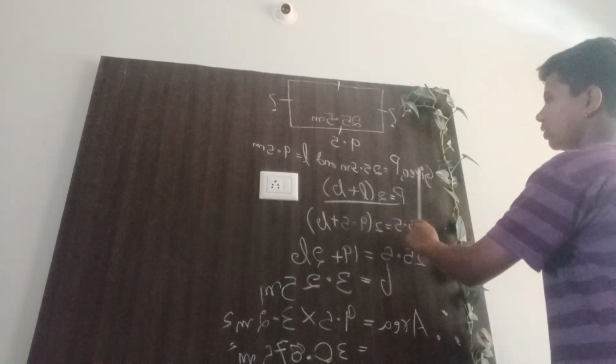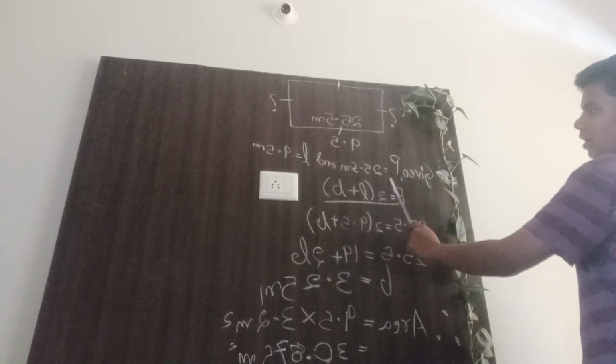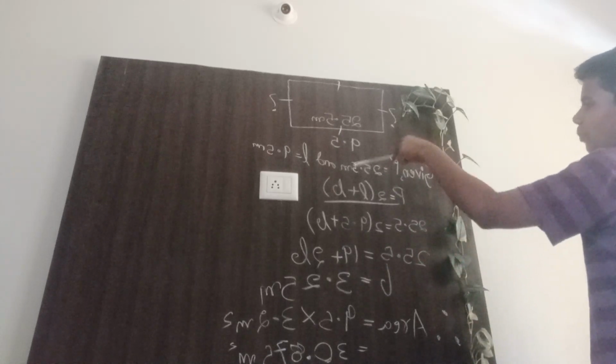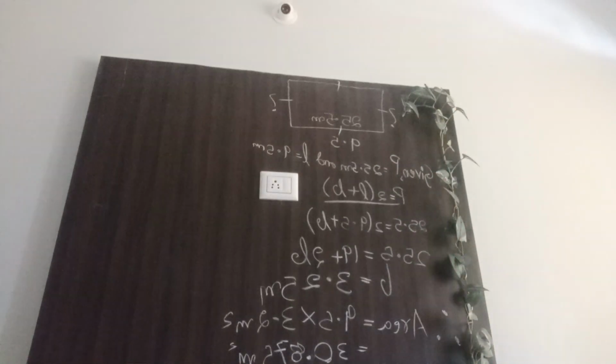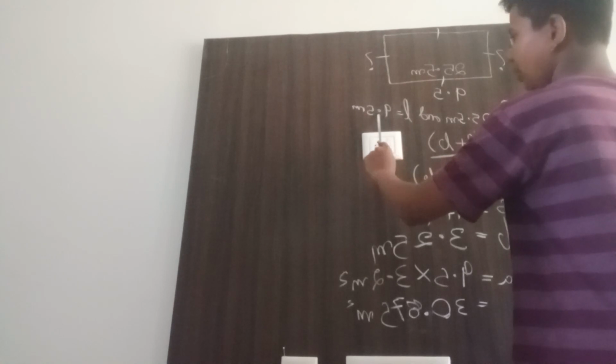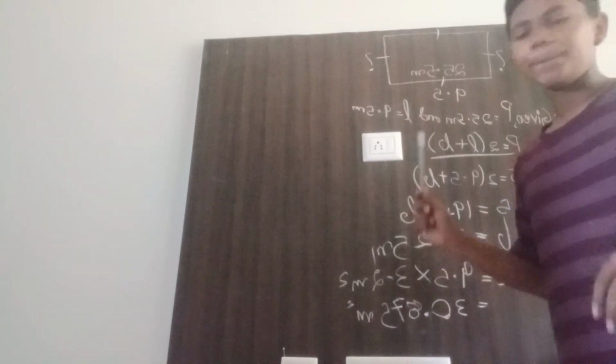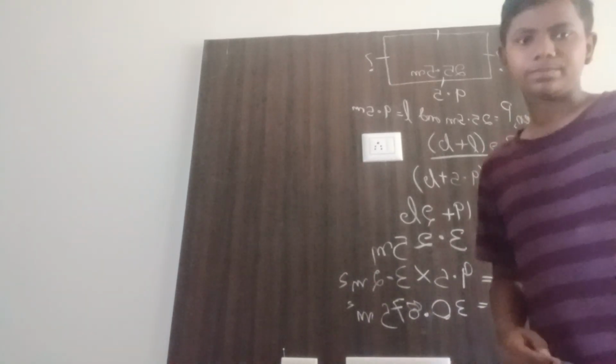Perimeter is given as 25.5 meter, and the length they have given is 9.5 meter. Now we have to apply the formula P equals 2 into (length plus breadth).